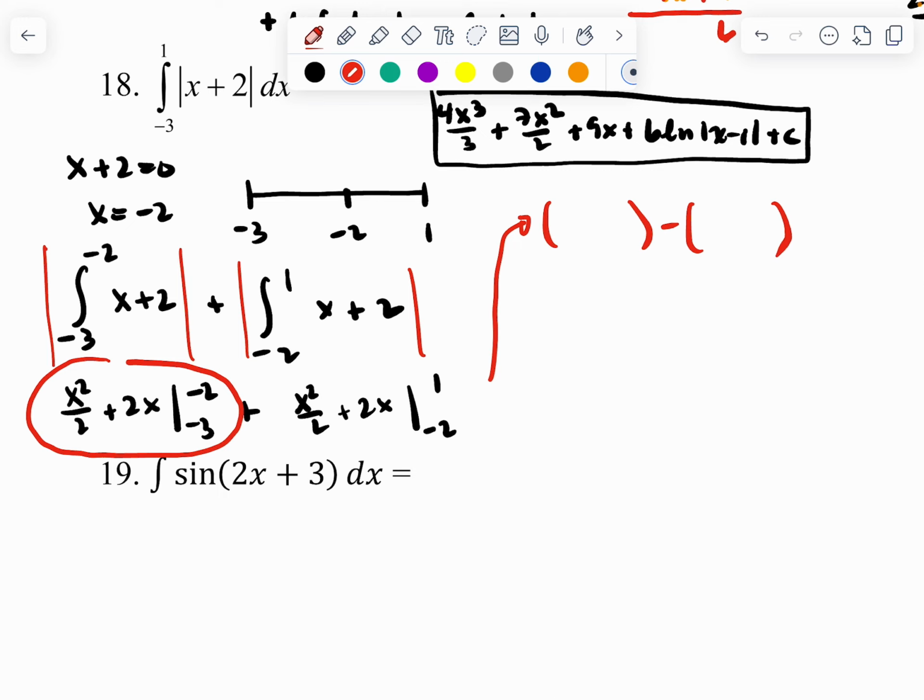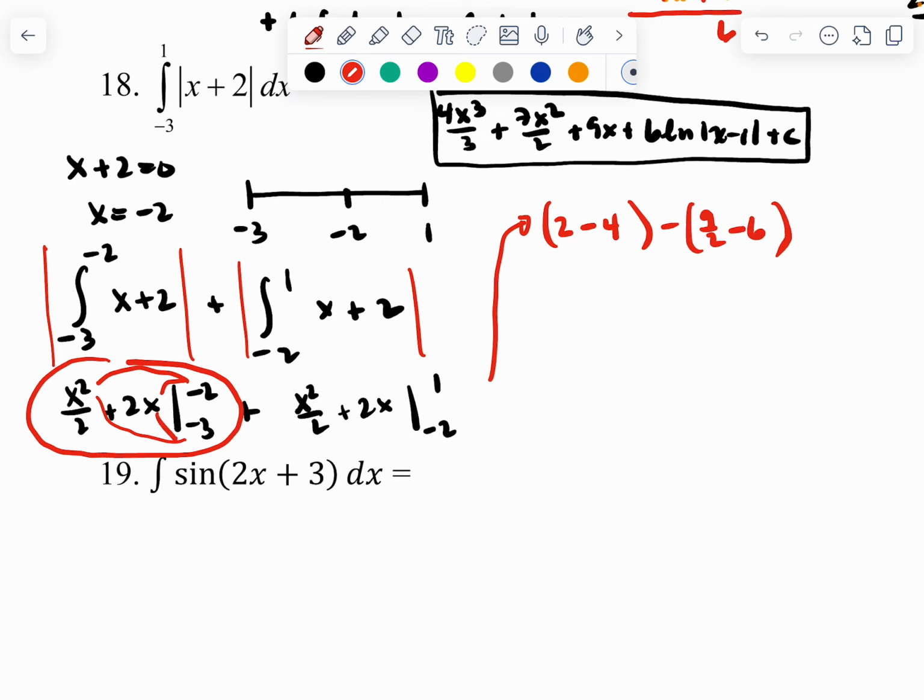If I plug the -2 into the top, -2 squared is 4. 4 over 2 is 2. And then if I plug in a -2, 2 times -2 is -4, so it's 2 minus 4. And then if I plug in the -3 squared, that's 9 over 2. And 2 times -3 is -6.